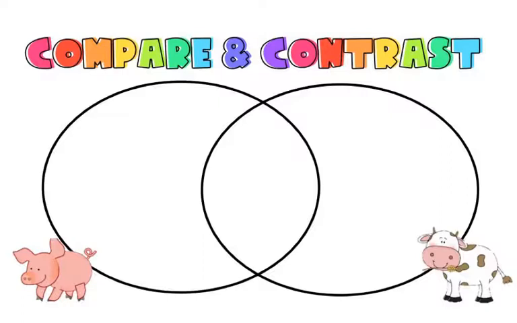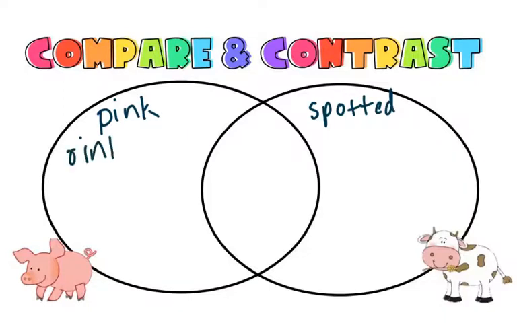So if we think about a pig is pink versus a cow is white and spotted. What noise does the pig make? Oink. What noise does the cow make? Moo.